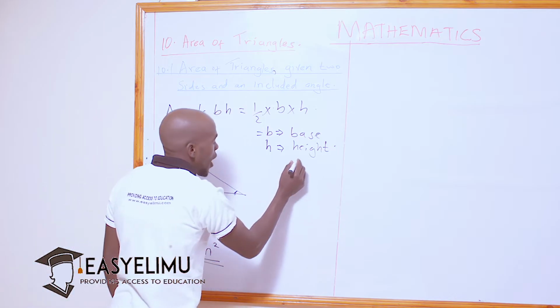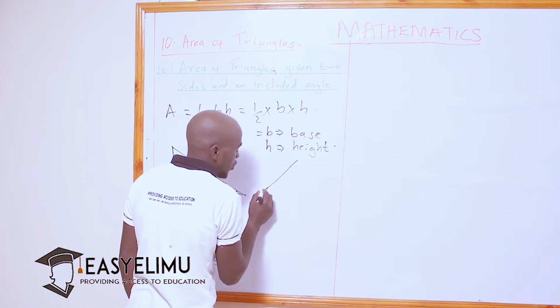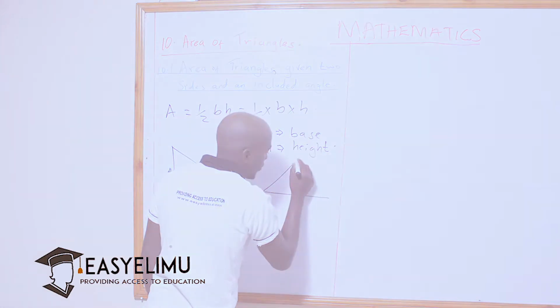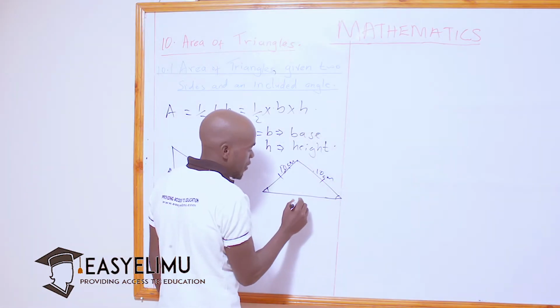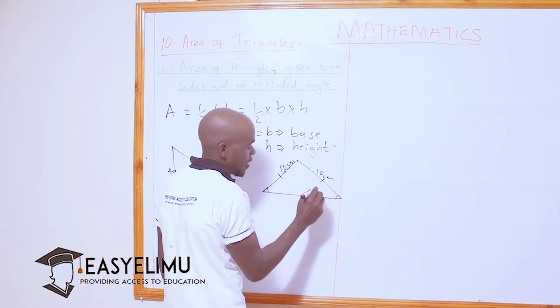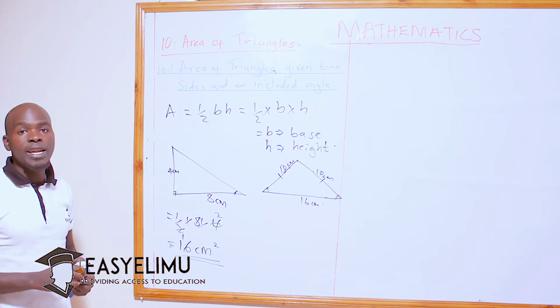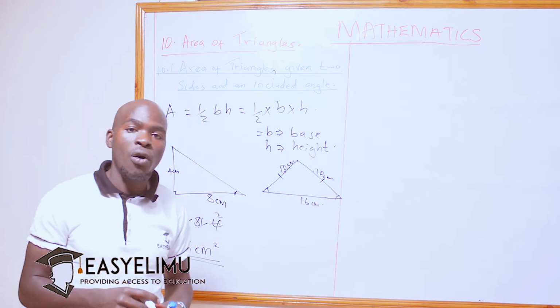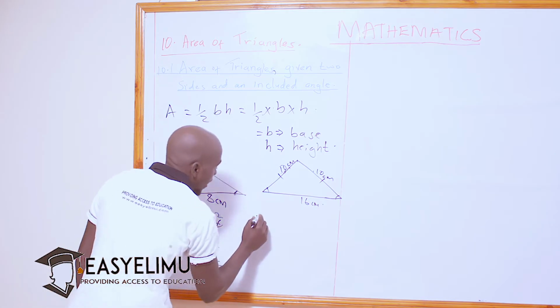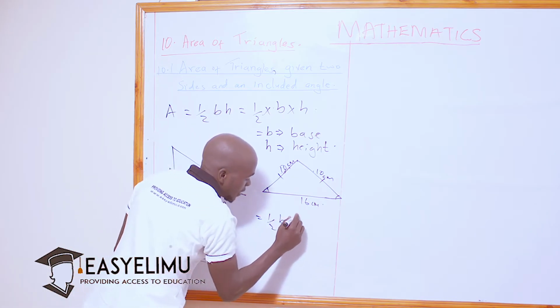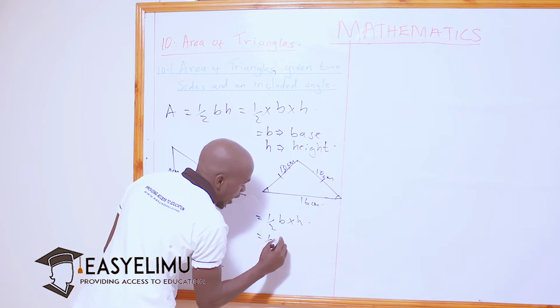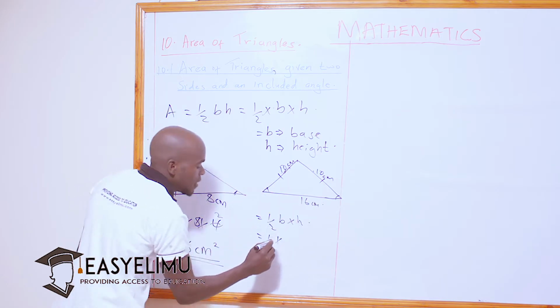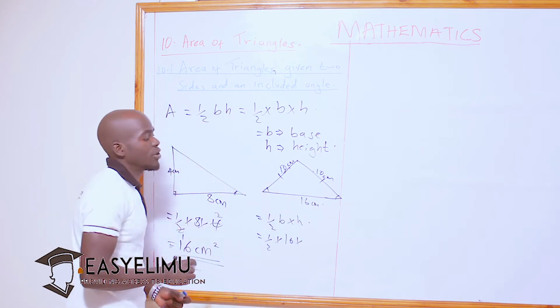For instance, if you have an isosceles triangle, and you are being given this side as 16 centimeters, you are being told to find the area of that triangle. Since the area is a half base times height, we shall evaluate a half, but the base here will be 16 because that is the horizontal line.